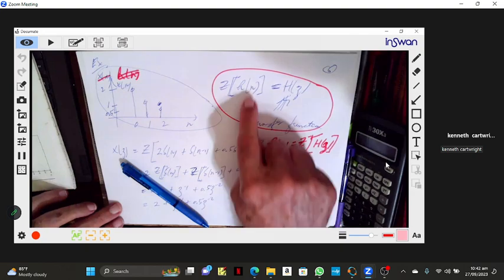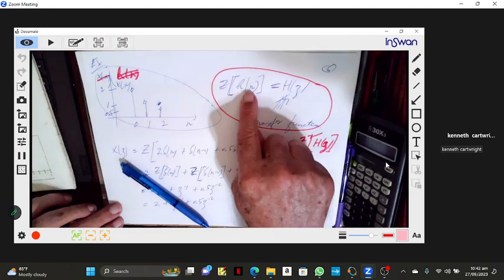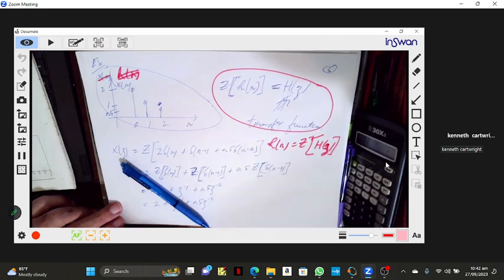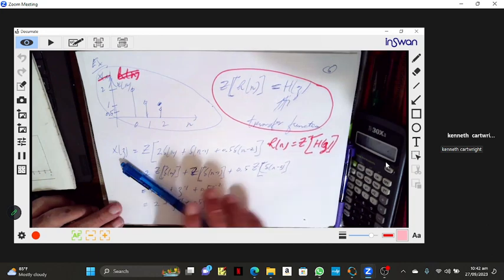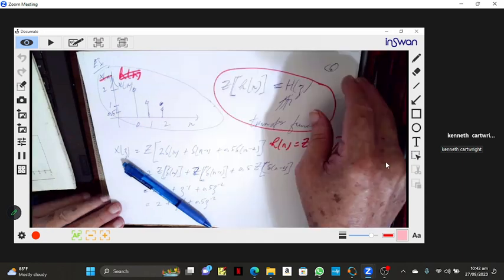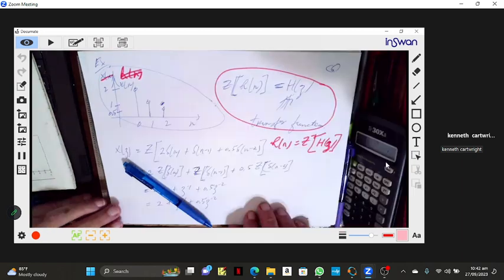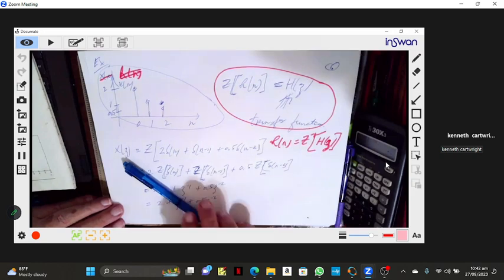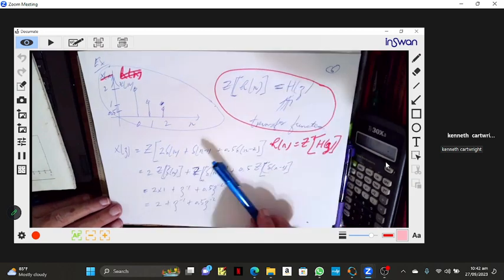You give me the impulse response here, I give you the transfer function. I give you the transfer function, you give me the impulse response. You look on last year's midterm, you see transfer functions there. Okay.